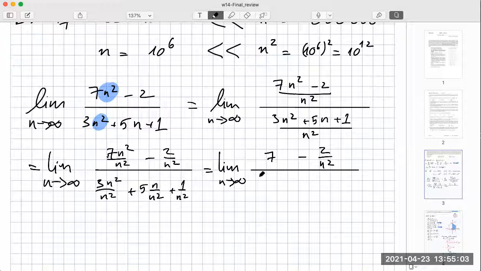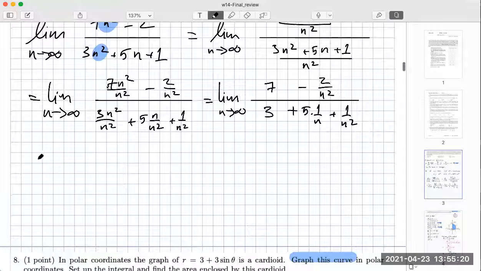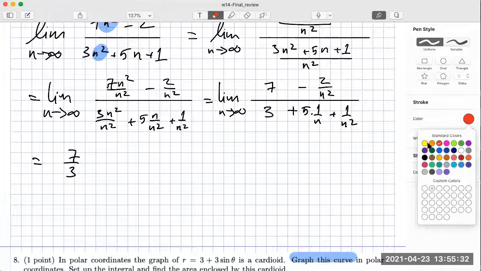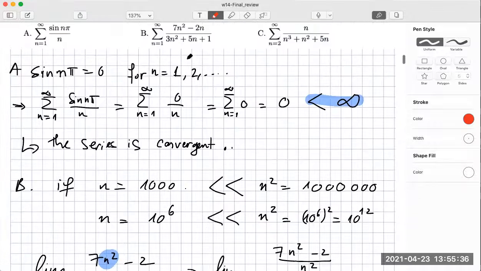So here, 3 plus 5 times 1 over n here, right? Plus 1 over n squared. When n becomes very large, then this becomes what? Very good, 7 over 3, right? And this, is it bigger or smaller than 1? Bigger, right? Very good. So what can we say about the series here?